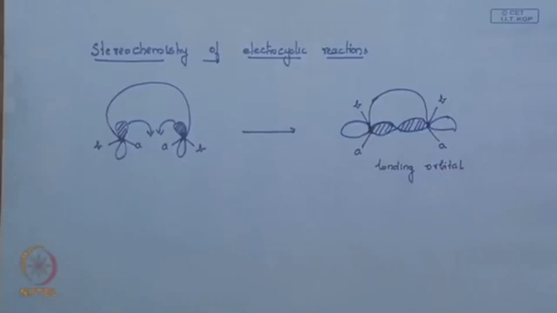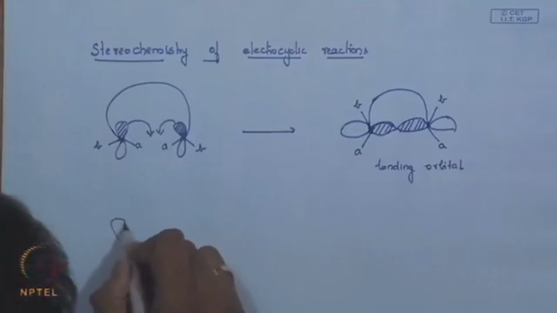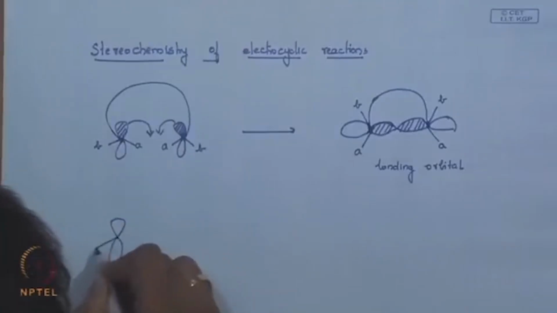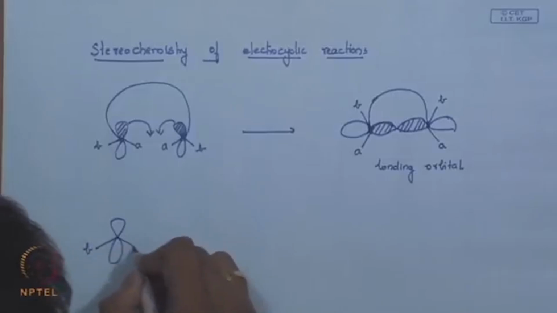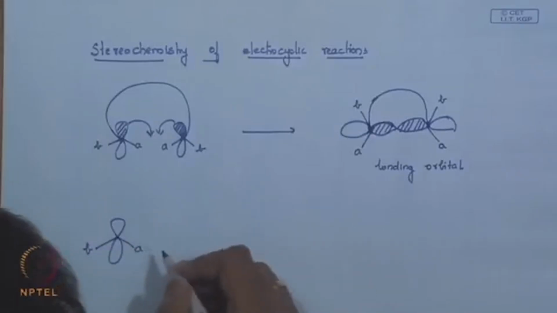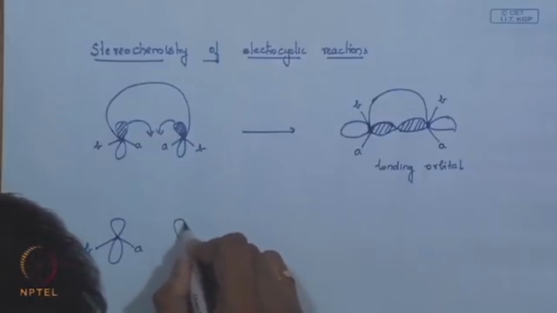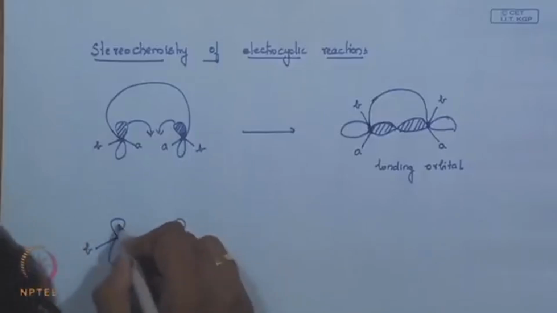You can ask me, sir, why can we not do it the other way around? Why do you have to mix this? Can we think about this direction? That is, I have B A, the same system.